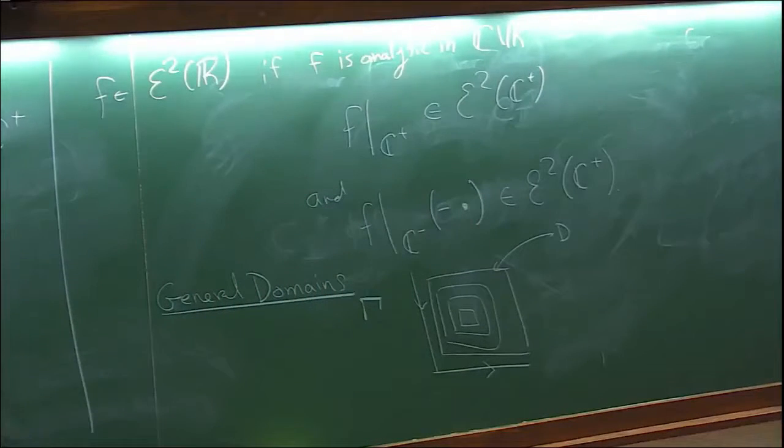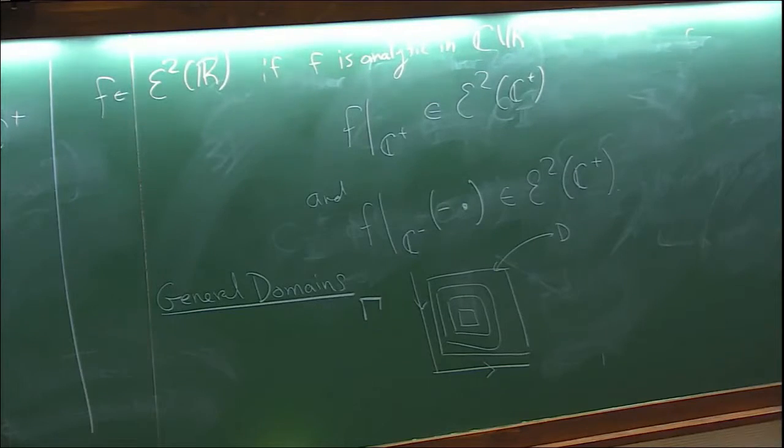It should not be obvious that this would give me, so if I took the upper half plane and I took a sequence of rectangles that grew, what I require is the supremum along this sequence of L2 norms over all these contours is finite.